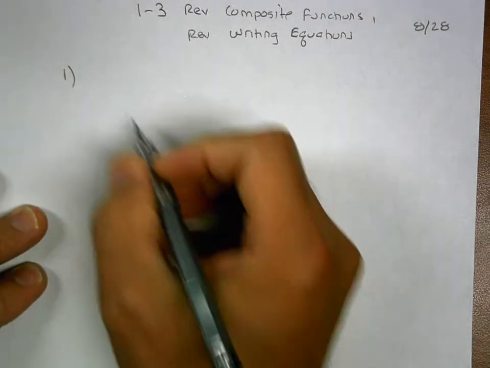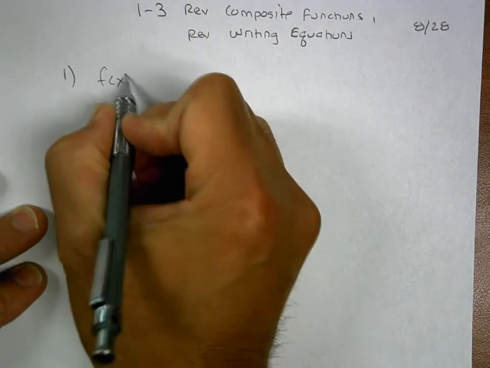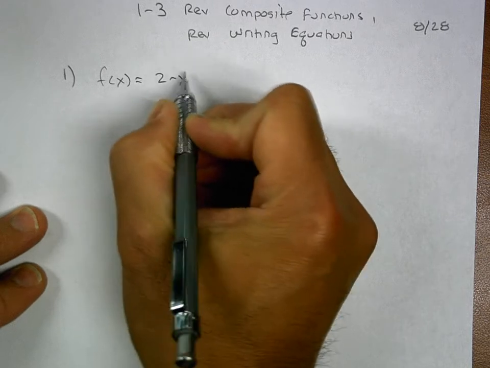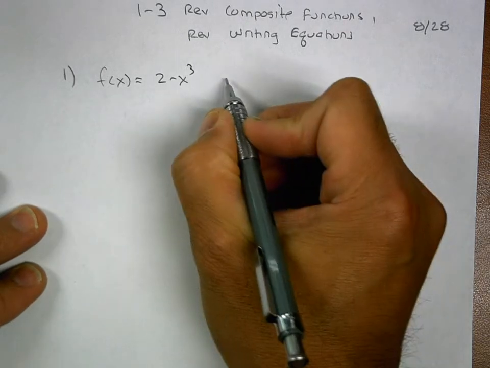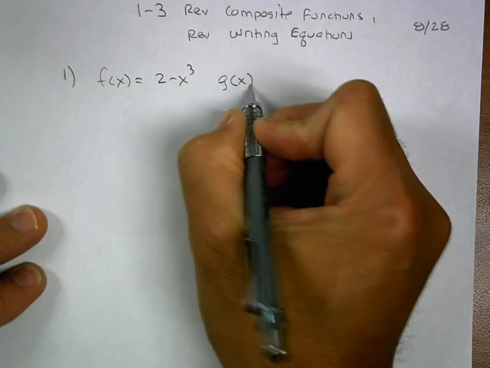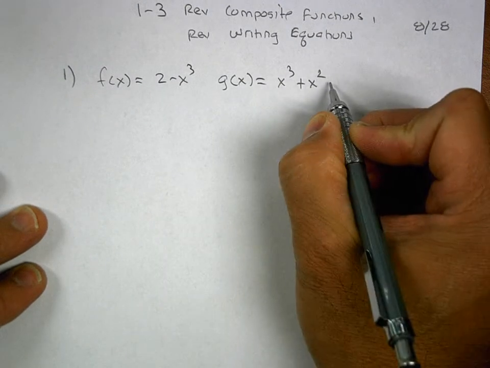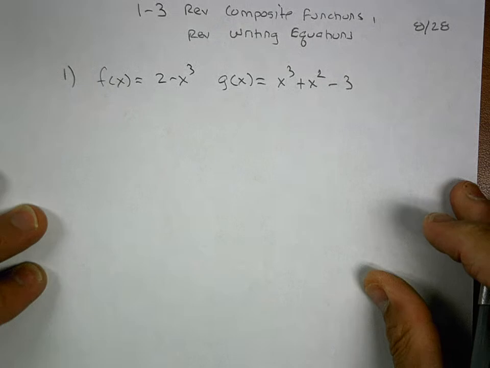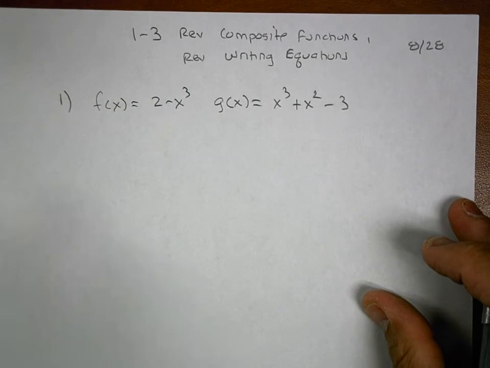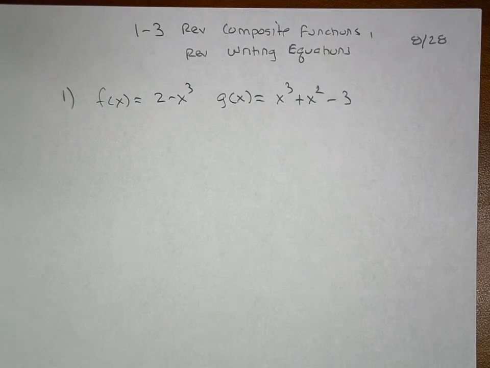All right, so let me give you 2 functions. Example 1: f of x equals 2 minus x cubed, and g of x equals x cubed plus x squared minus 3. Okay? And so we have these 2 functions.